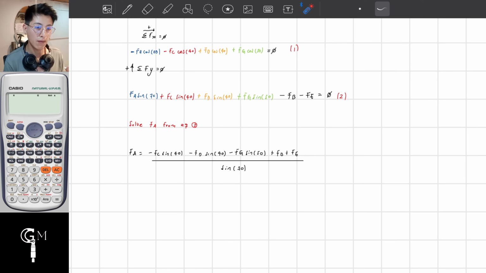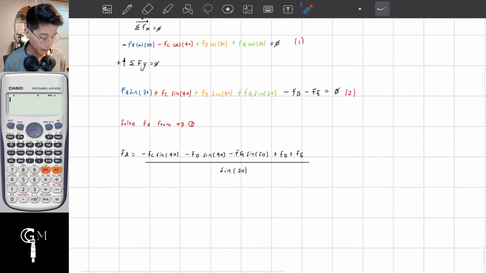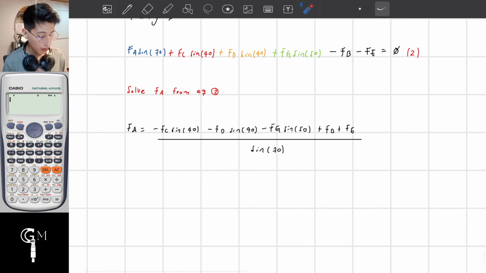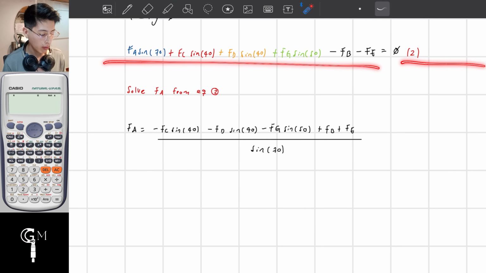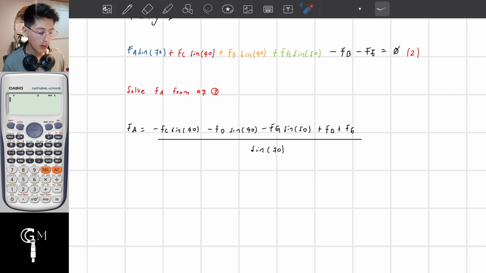So I have to get an equivalence or a balance for the equation. And finally, I'm going to divide both sides of the equation by sine of 70. Now I'm going to call this equation number 3.